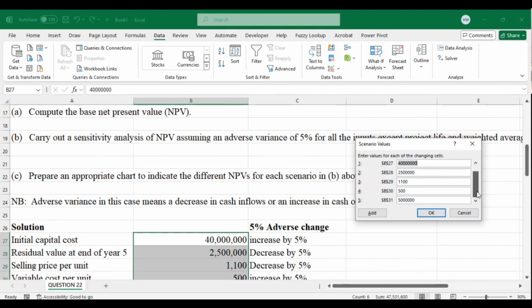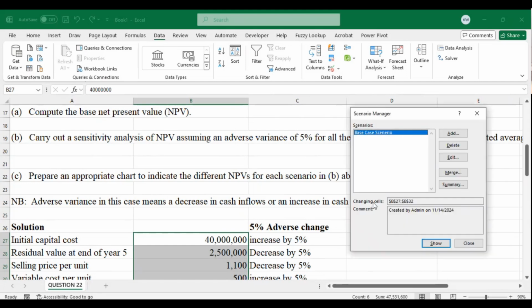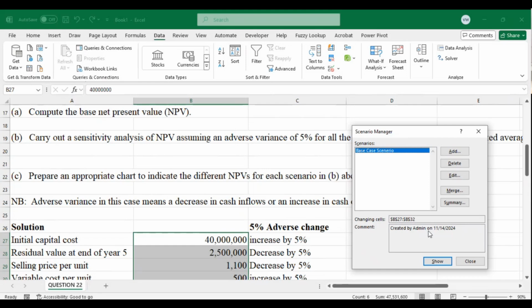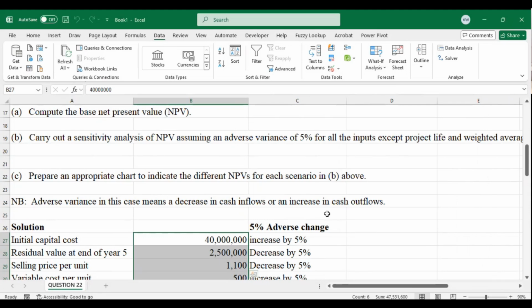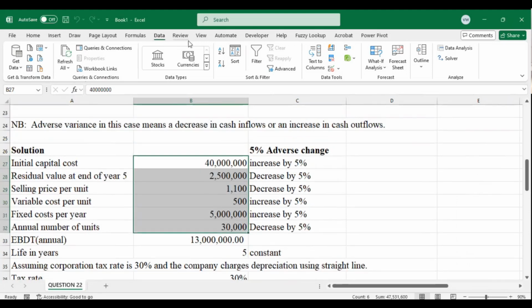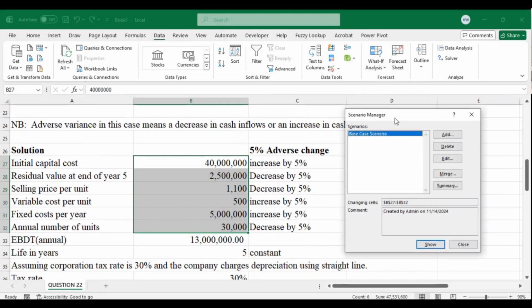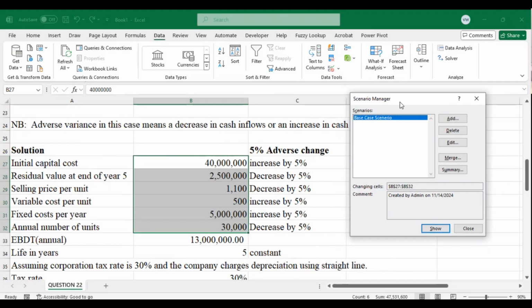Once I've done that, I'll say okay. Now that I've saved the best case scenario, even if I close this window, it will always be automatically saved. So there is no problem, even if I go back to Data, Scenario Manager, the best case scenario is already there.